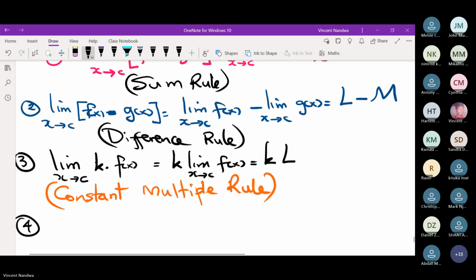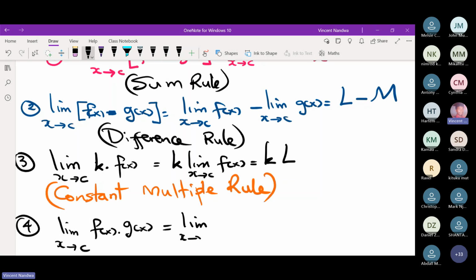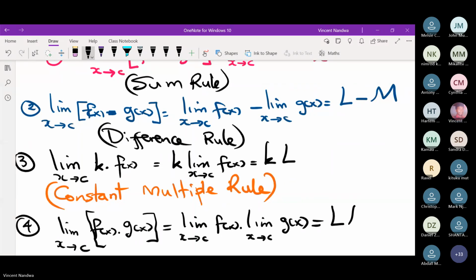Then number four, the limit as x approaches c of f of x times g of x is the same as the limit as x approaches c of f of x times the limit as x approaches c of g of x, and this is the same as L times M. So what special name can we give this from the structure of the statement?